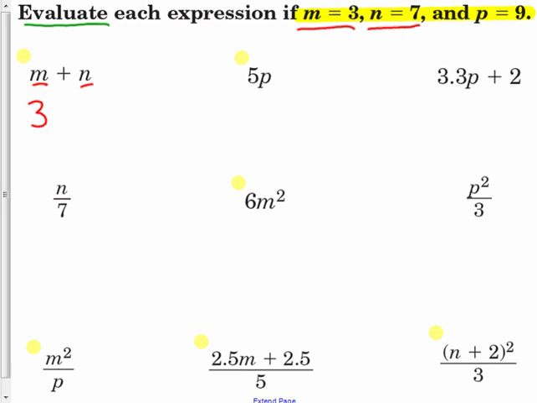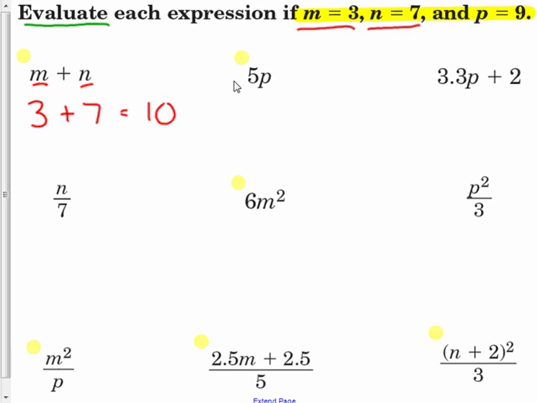So in place of the n, I'm going to write a 7. So now my problem becomes, instead of m plus n, it becomes 3 plus 7. And I know that 3 plus 7 equals 10. There I've just evaluated that expression.